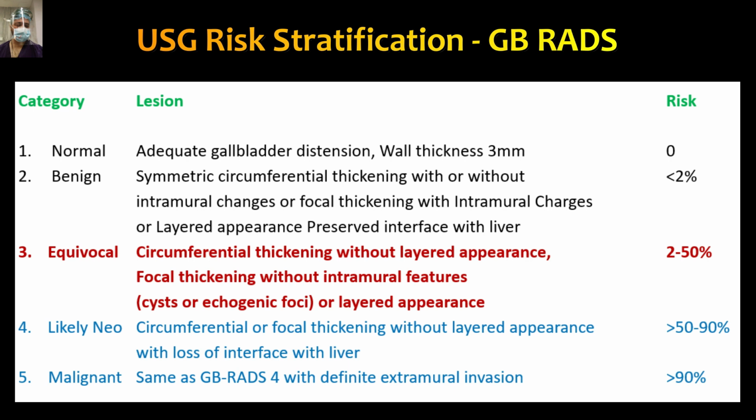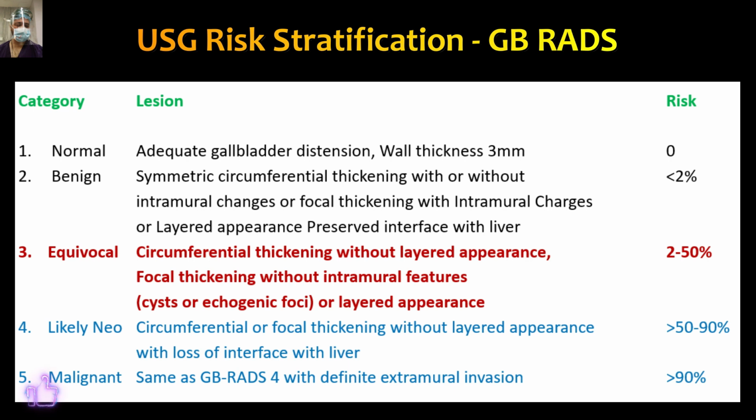Equivocal: the dilemma will come when there is circumferential thickening without layered appearance, or focal thickening without intramural features. Intramural features means there are some findings in the wall of the gallbladder. We will elaborate more in the CT part of the evaluation, that there are cysts or echogenic foci. If they are present, then most likely we are dealing with a benign condition, which favors xanthogranulomatous cholecystitis, or if there is a layered appearance.